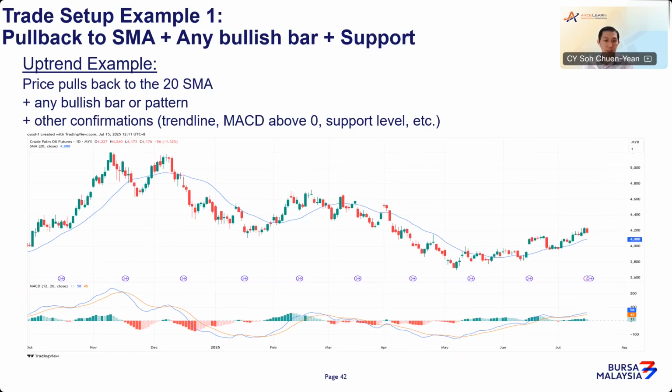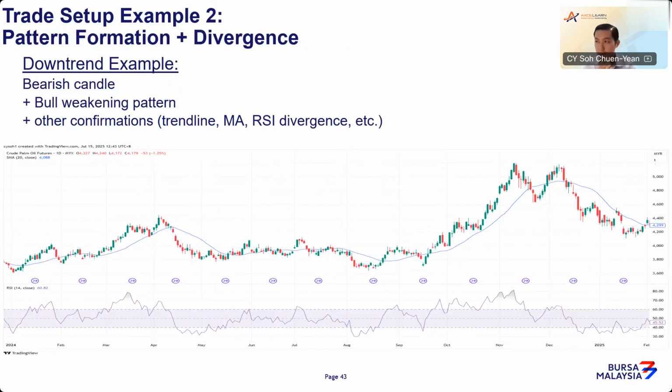Now another example here, also for FCPO. Here we are using RSI as an example, with a bearish candle.